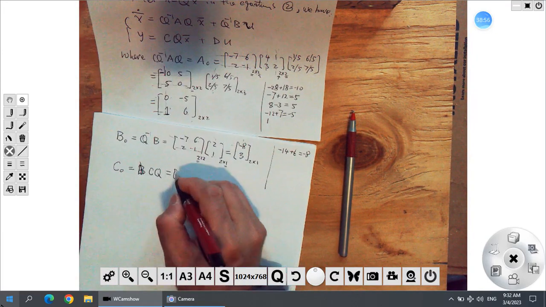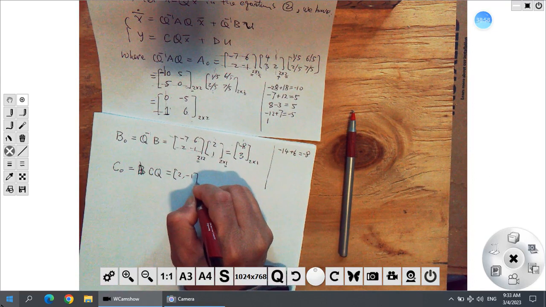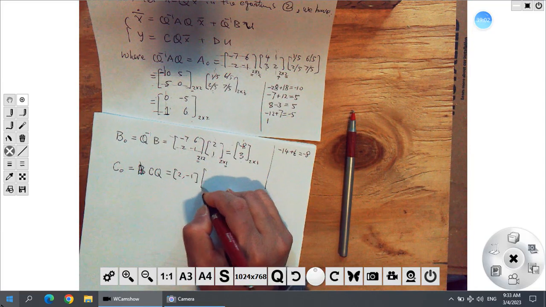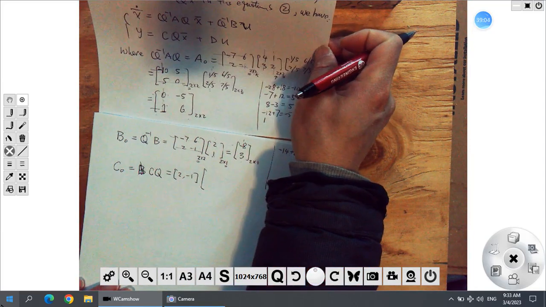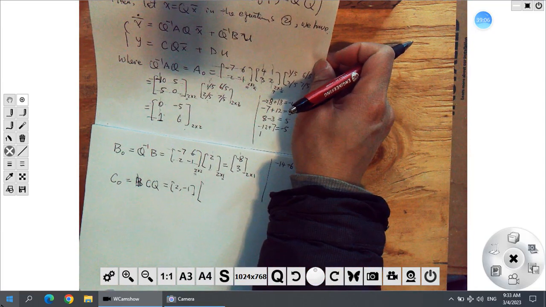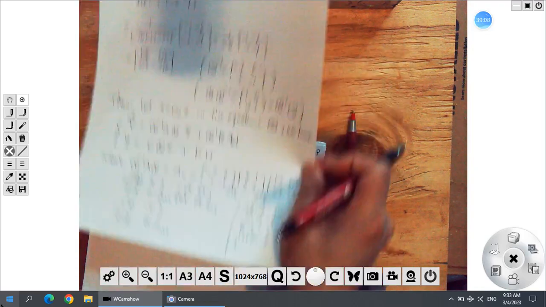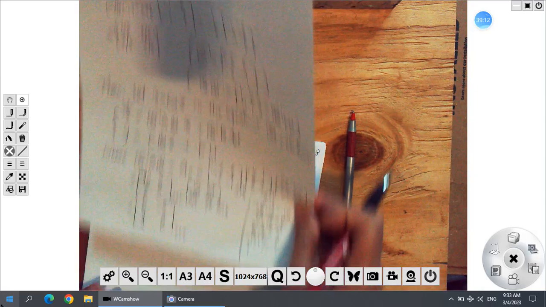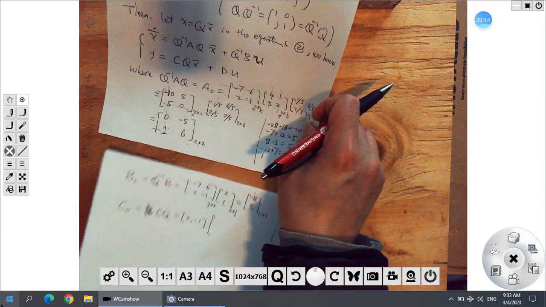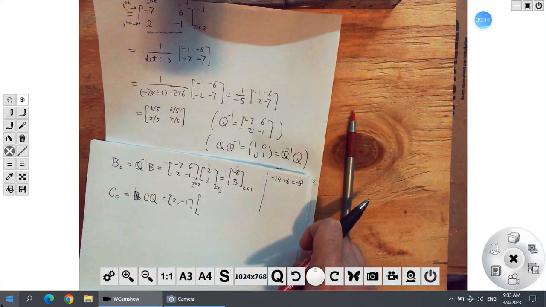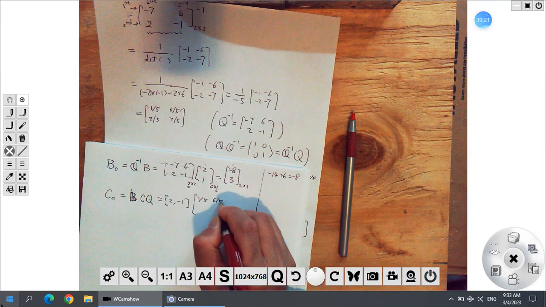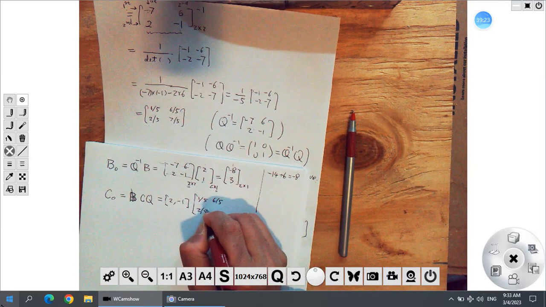And Q is here. Let me copy. Q is 1 over 5, 6 over 5, 2 over 5, and 7 over 5.